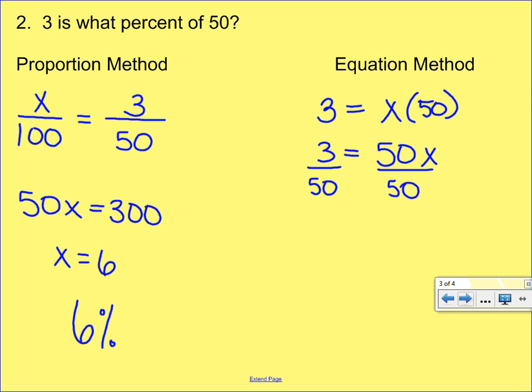You're not doing 50 divided by 3. You're actually doing 3 divided by 50, which will give us the decimal of 0.06. So x is 0.06, but again, this does not answer the question. It says what percent. But you'll recognize that 0.06 is just the decimal equivalent of, again, 6%. So a little extra step with either method here.